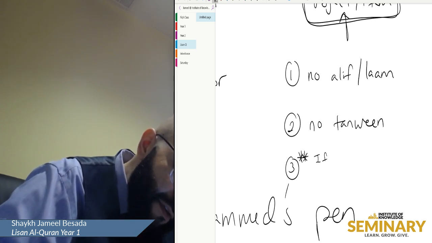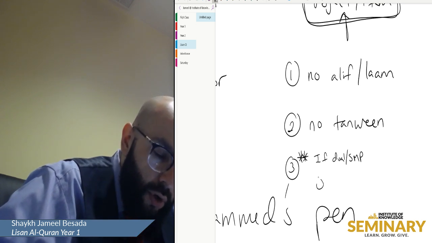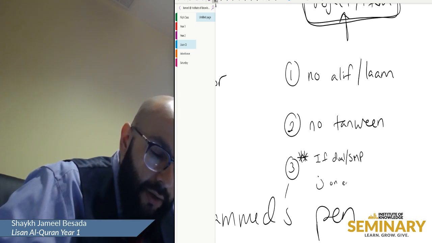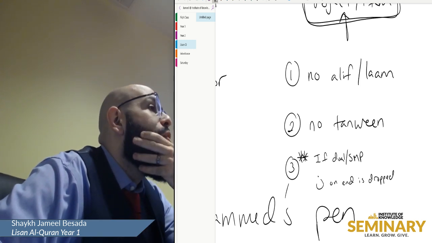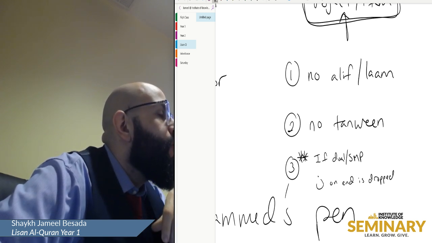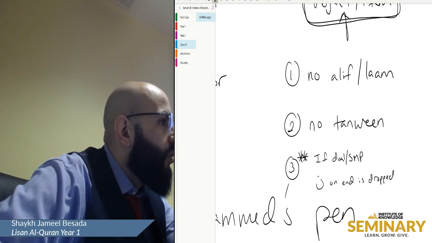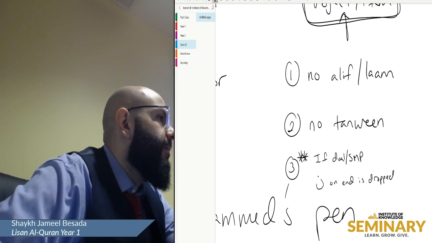If the mudaf is dual or sound masculine plural, the noon on the end is dropped. So Muslimuna Makkata will be Muslimu Makkata. There were 2 Muslims of Mecca, Muslima Makkata.